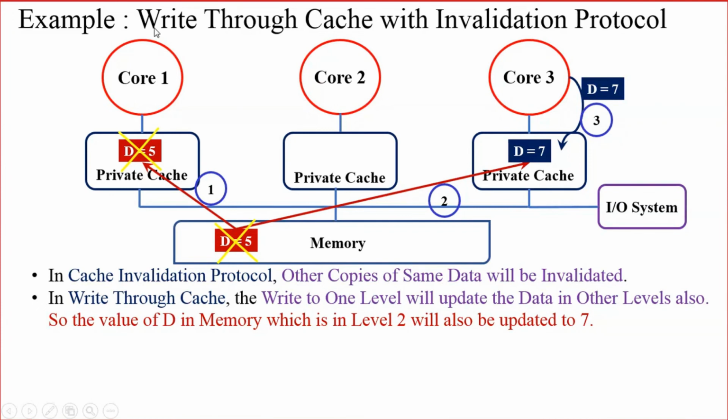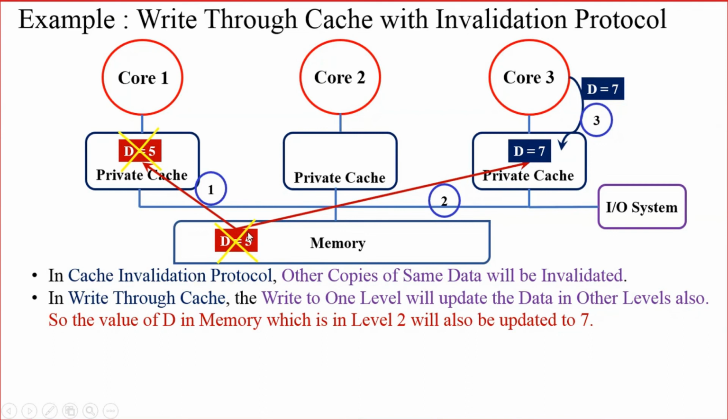Then we will see that we are having a write through cache in the same example. Since we are using a write through cache, what is the speciality? Write to one level will update the data in other levels also. So here we have written the data to level 1 of core 3.